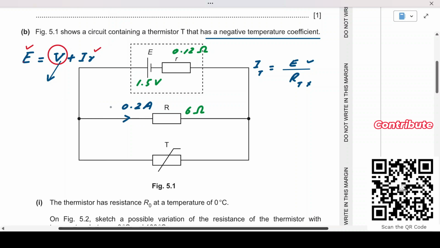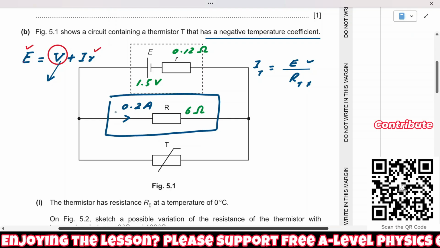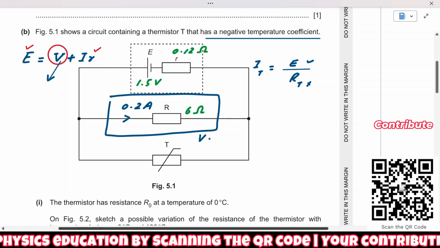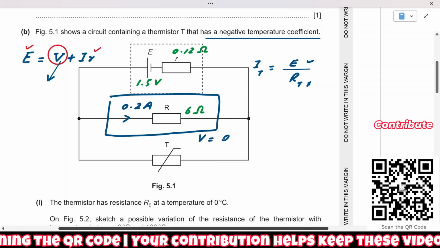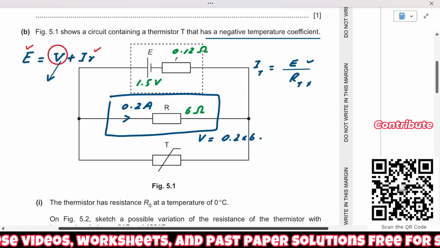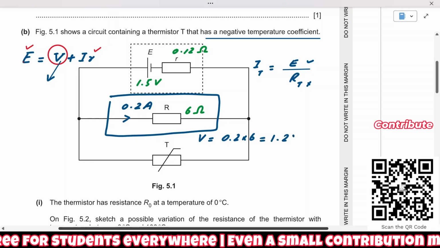So what we can do is I can easily find the voltage across this one, which would be equal to the terminal voltage. So what is the voltage across this one? V equals IR. What is I? 0.2. What is R? 6. So what do we get? 6 times 0.2 would be 1.2 volts.